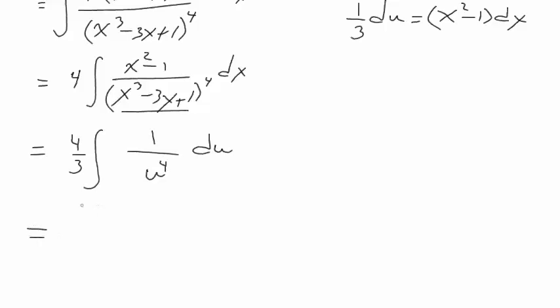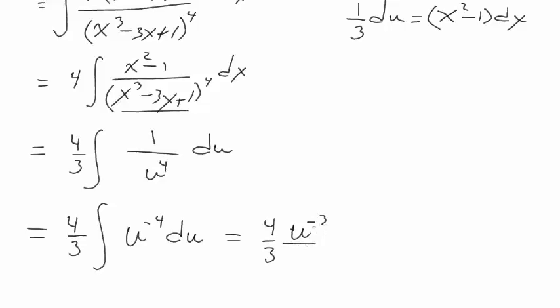Alright, now I guess we're going to have to rewrite this one more time so we can get it in a form we can take the integral of. So add 1 to the exponent, you get -3. Take the exponent, put it down below. Let's put parentheses around that. Plus c.